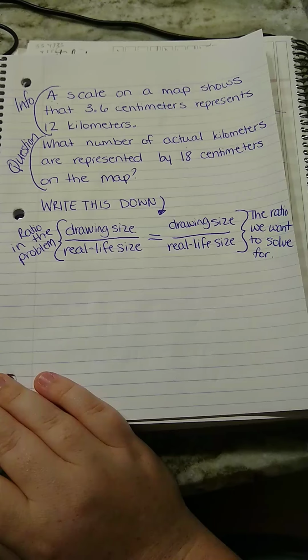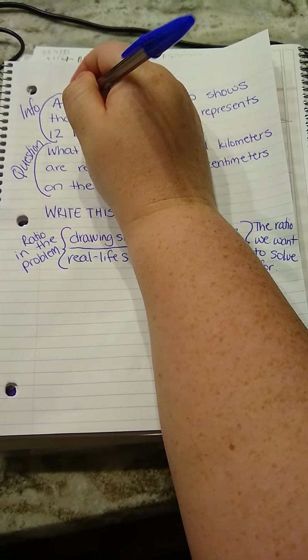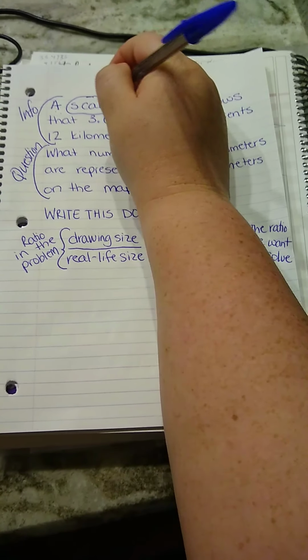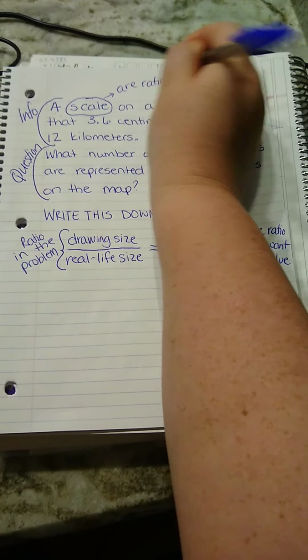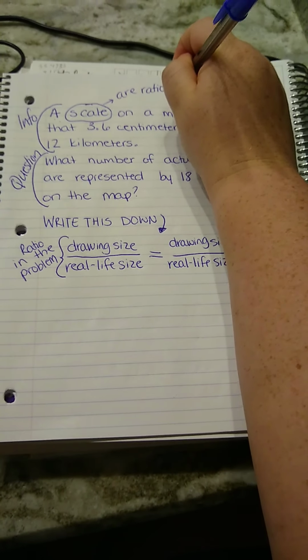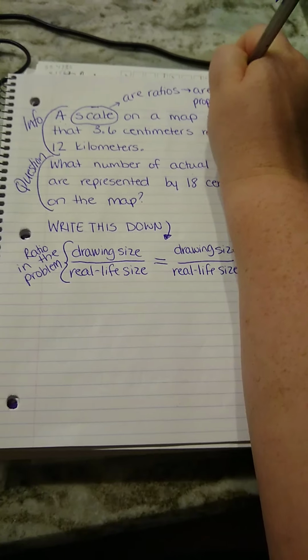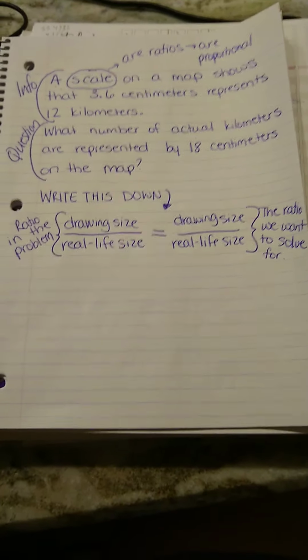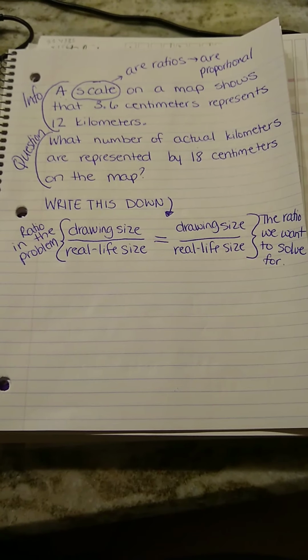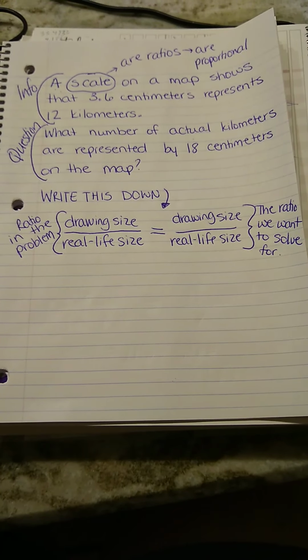But before we start breaking it down, we know that we're talking about scale. And scales are ratios. And when we're dealing with scales, we know that these ratios are proportional. So, for example, proportional, remember, is if I'm making pancakes for myself, I might use 1 cup of pancake mix.